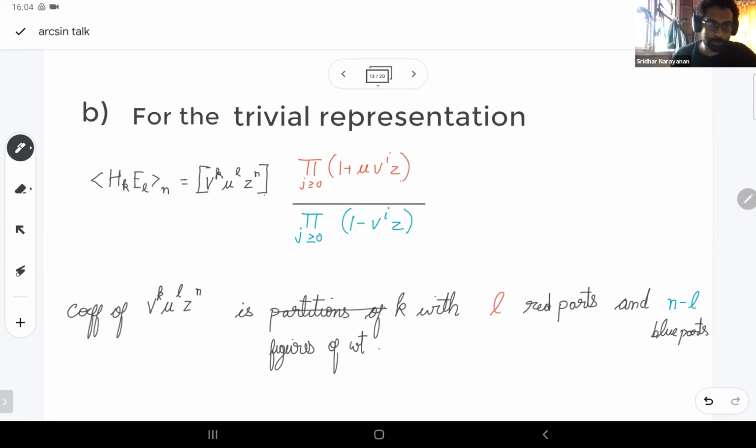So the roles of red and blue are reversed when we consider the trivial representation, but the way we visualize them is still the same. So I'm going to skip that part.